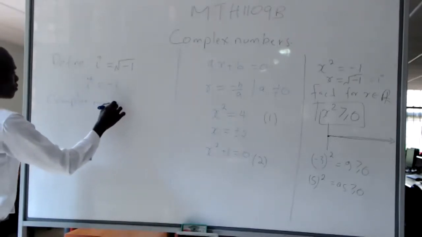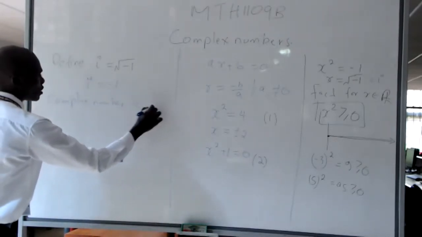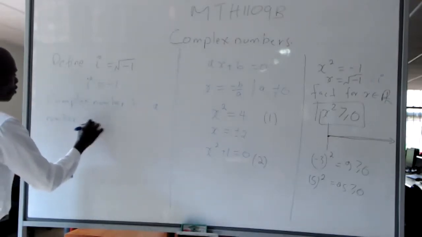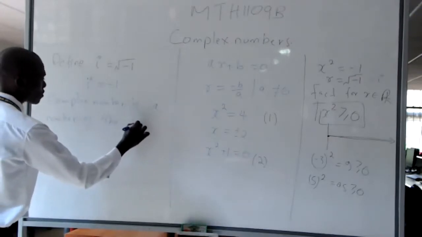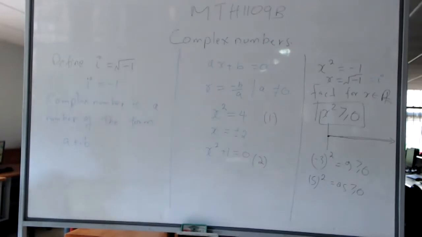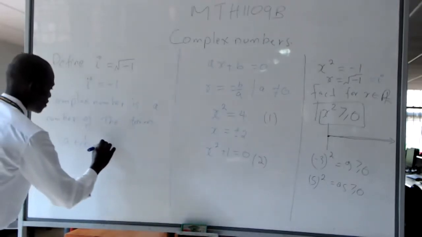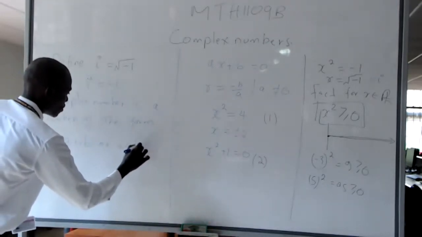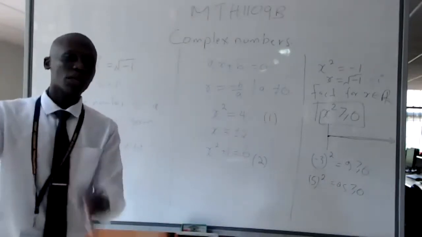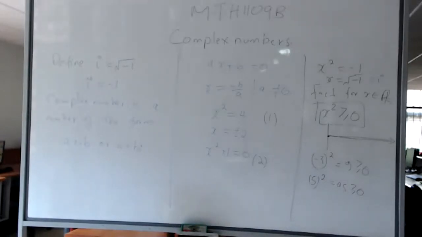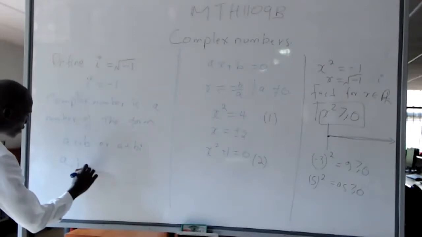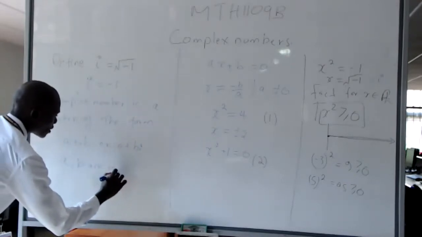A complex number is a number of the form a plus ib, or a plus bi, because multiplication is commutative. It does not matter whether you start with i times b or b times i, where a and b are real numbers.